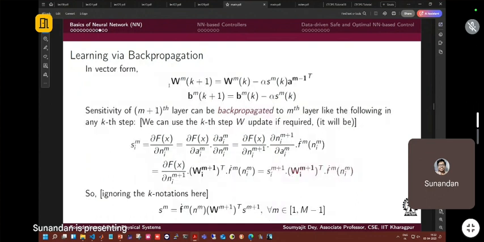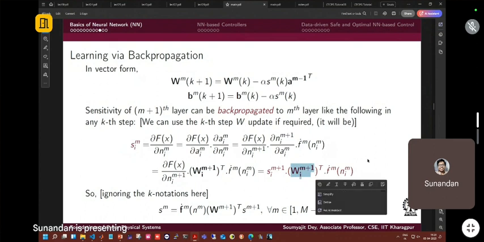In vector form, it looks like this. Whenever we denote with a bold character, it is a vector of weights, a matrix of weights, or a vector of biases. This is how the sensitivity is computed with respect to the whole overall weight matrix and the bias or the activation function.